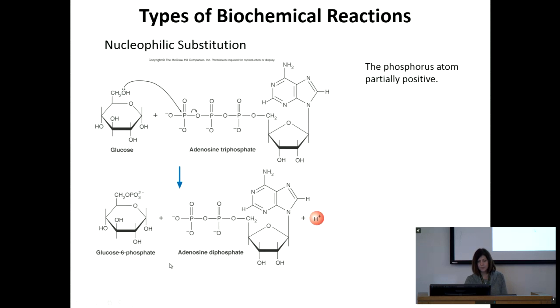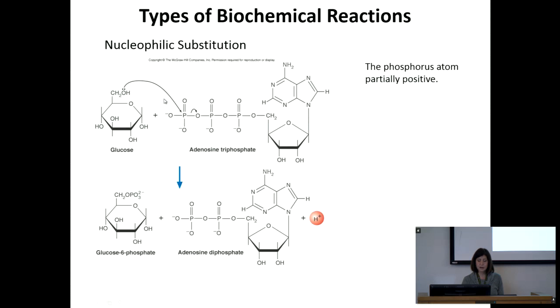So here's an example where a nucleophile, the oxygen on an alcohol on glucose, will attack something that is electron deficient. So this is the first reaction in glycolysis, where we put a phosphate onto our glucose molecule. This keeps it within the cell. But we're investing some energy here. You can see that the lone pairs are attacking the partially positive phosphate.